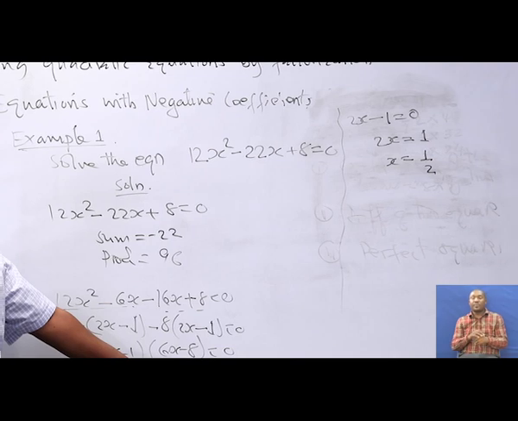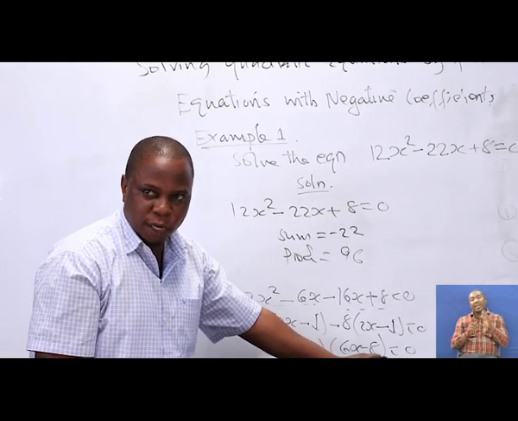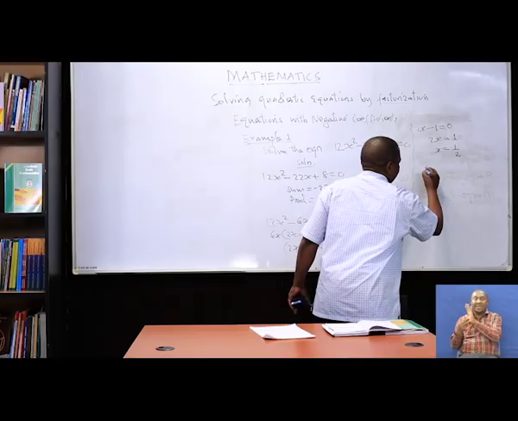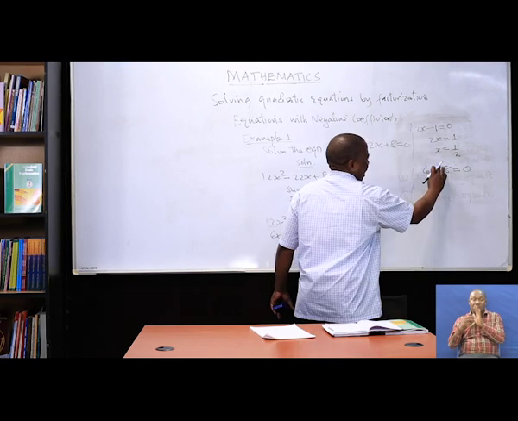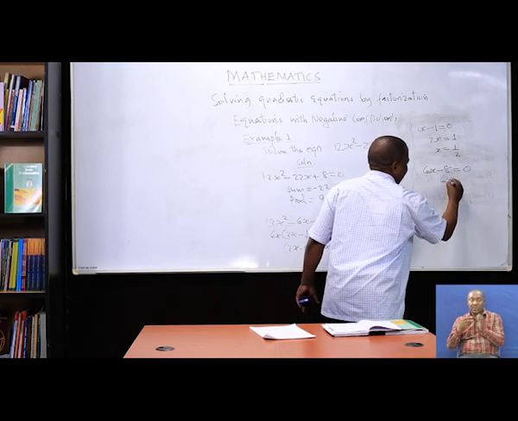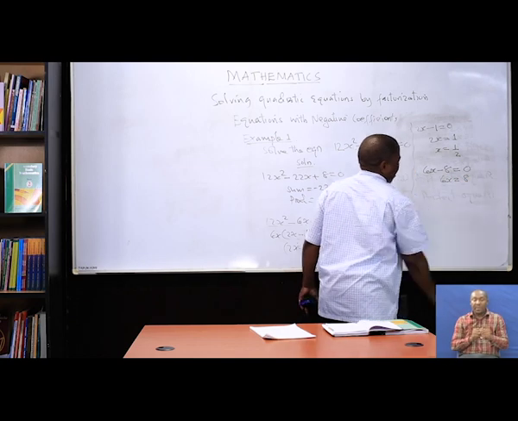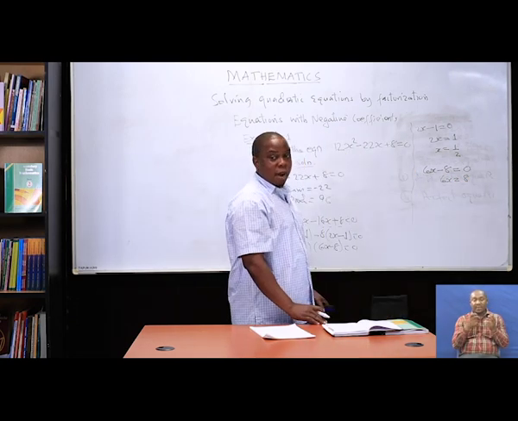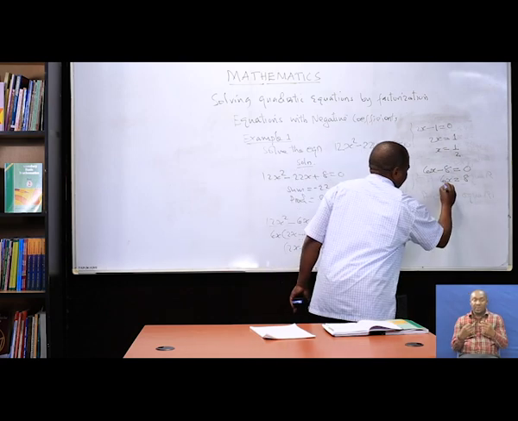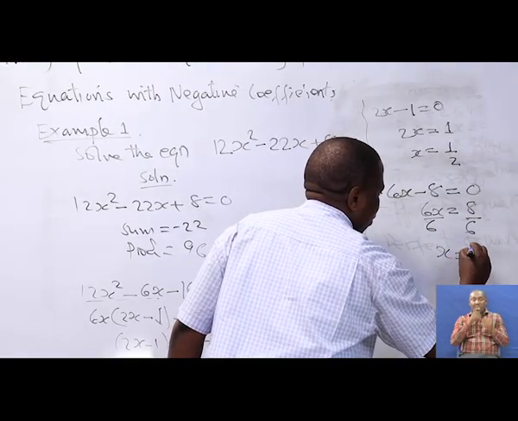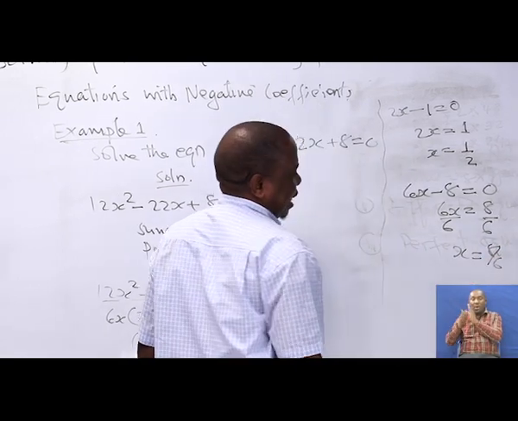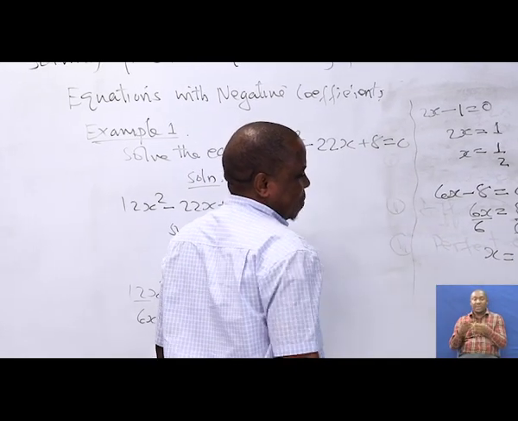6x minus 8 should be equal to 0. This also is equal to 0. Take 8 to the other side. You have 6x is equal to 8. Upon dividing by 6 throughout, here by 6 and here by 6, x is equal to 8 over 6, which can be simplified by 2.